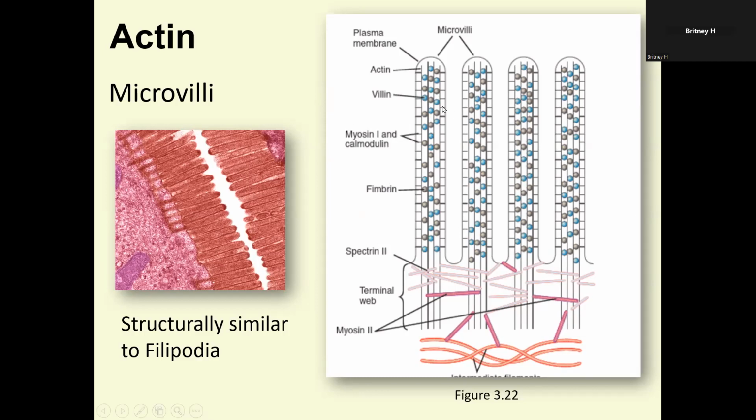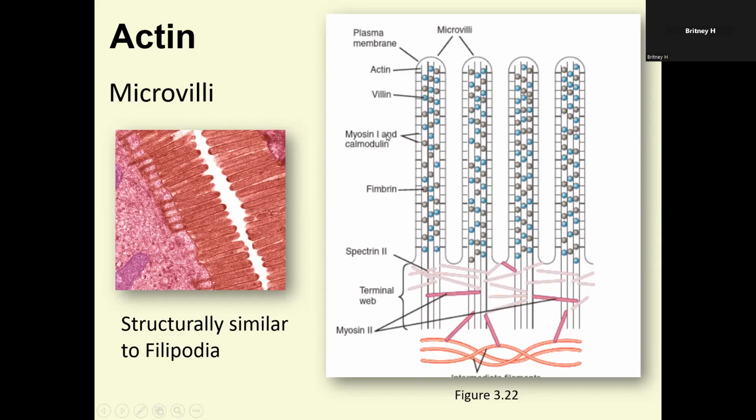And then these are microvilli, which are structurally very similar to filopodia. Microvilli, I've talked about them before. They're in the intestinal epithelial cells, increasing plasma membrane area. So you've got more transporters, and you can absorb more nutrients from the gut. Anyway, these microvilli are very similar to filopodia, parallel arrays of microfilaments, cross-linked with villin and fimbrin.